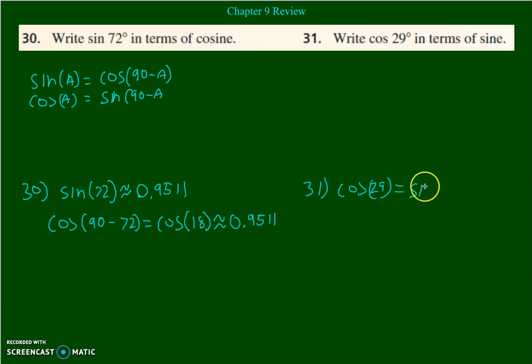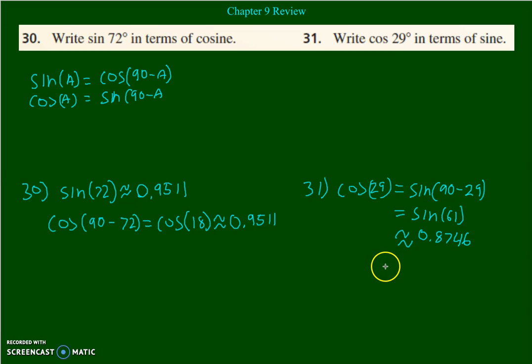So that equals sine of 90 minus 29, which is sine of 61, which is approximately equal to 0.8746. And cosine of 29 is the same value, 0.8746. So those are the cofunction identities.